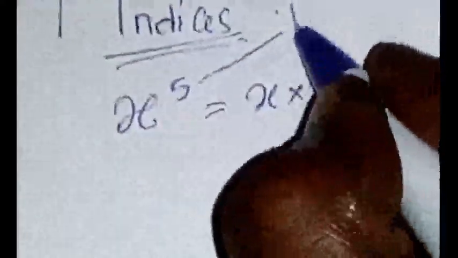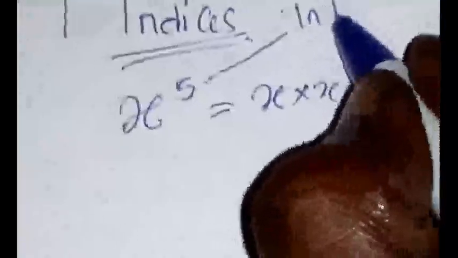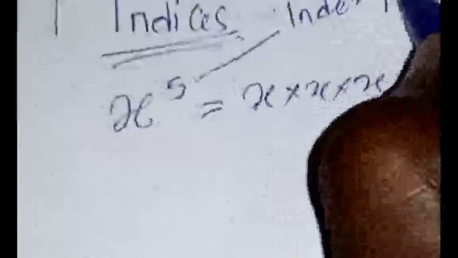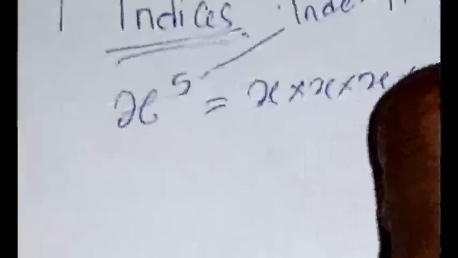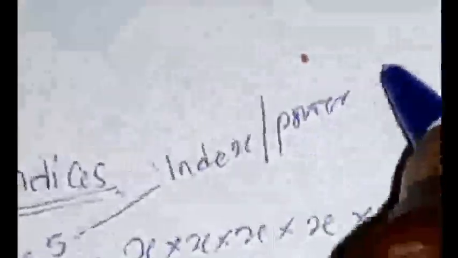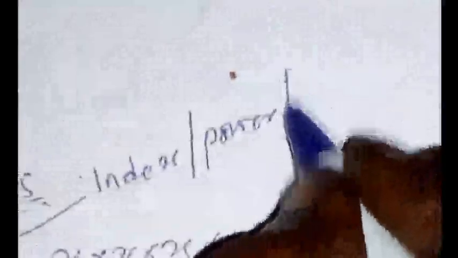So this small power is called an index. It can also be called power, and this can also be called exponent.